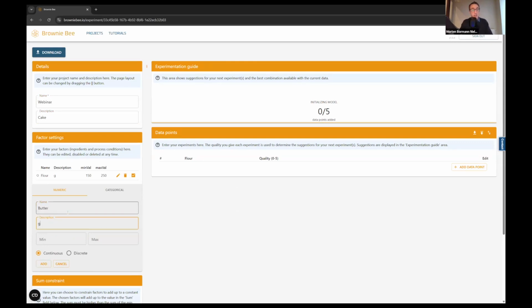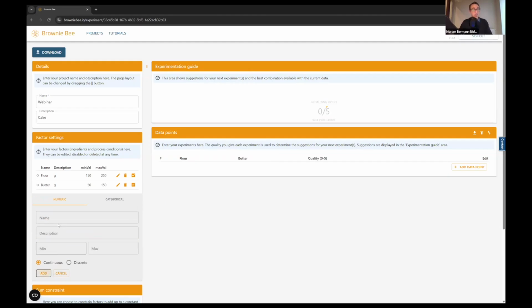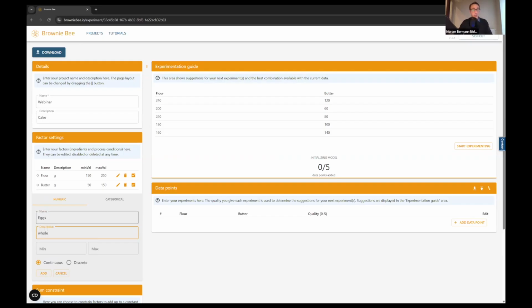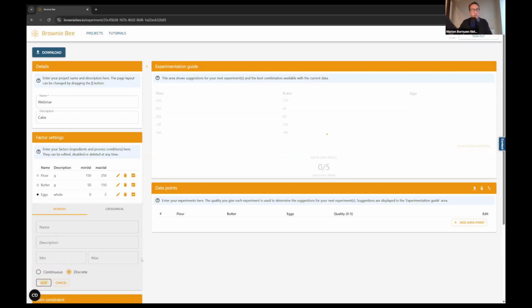We might want to add butter in some amount. We might want to use eggs, and since it's a pain to pick half fractions of an egg, we're just going to pick discrete. So we will only be told to use whole numbers of eggs.